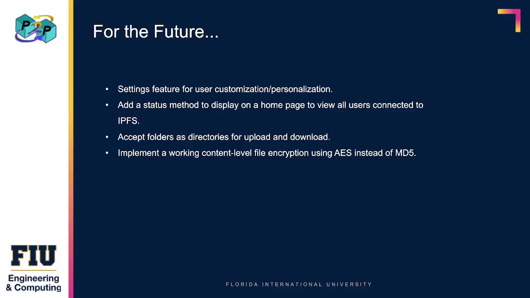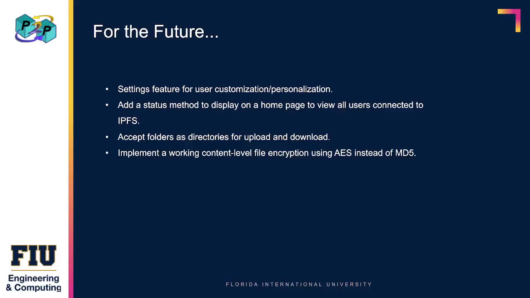Right now, our program only works with files. We have a good range of file types that is accepted, and we would have loved to see zip files and folders and other types of directories implemented, but unfortunately we couldn't get to that.